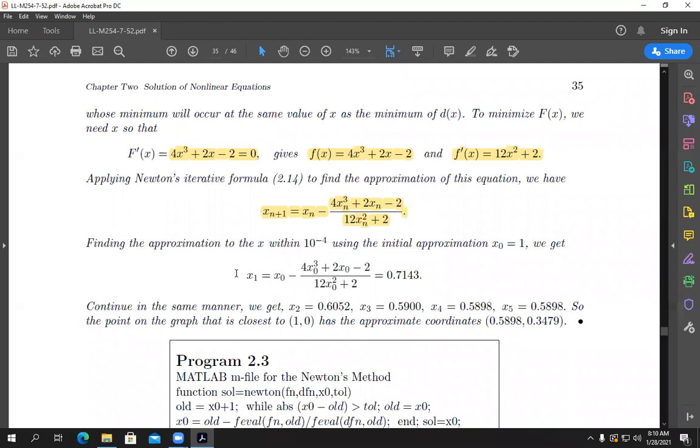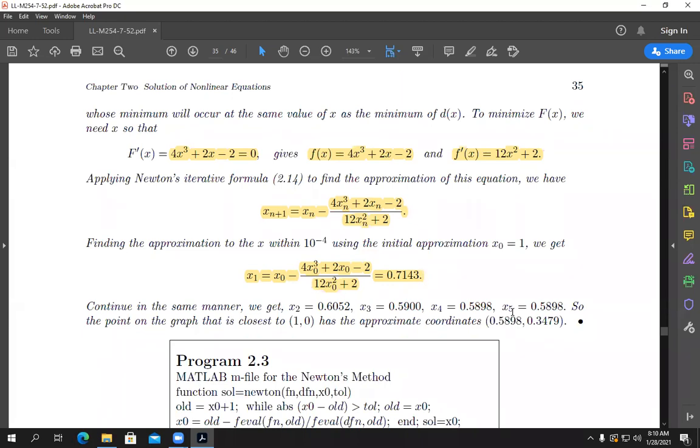From the examination point of view, generally they say find the second approximation. So you find x1 equal to what? Put n equal to 0 in this formula. You have this shape, and you are already given x naught equal to 1 by the teacher. Put 1 equal to that, and you can have this one. Then, because I use here 10 minus accuracy 4, it means we have to use 5 iterations.